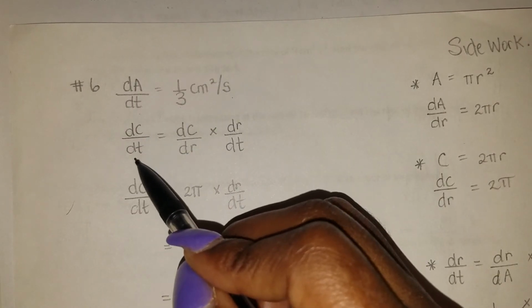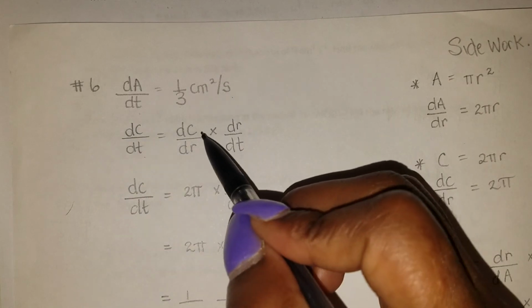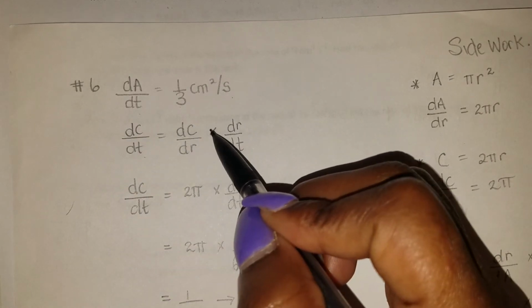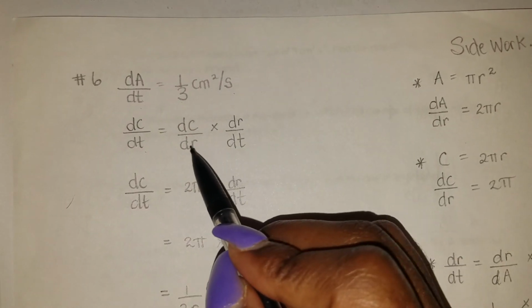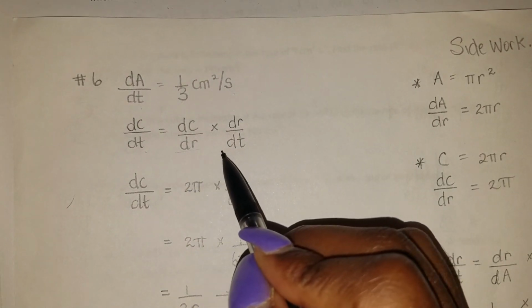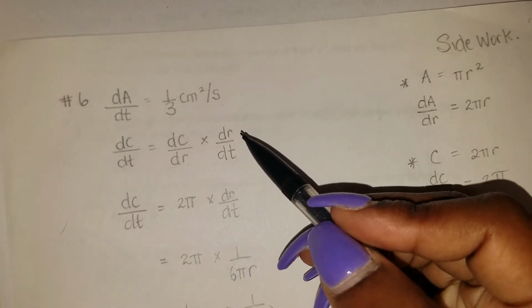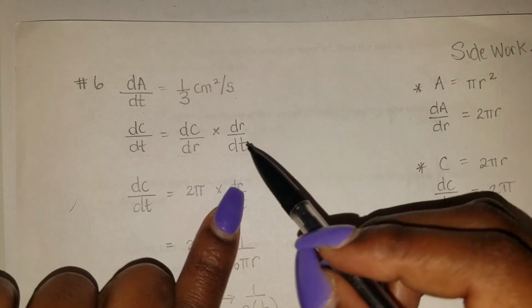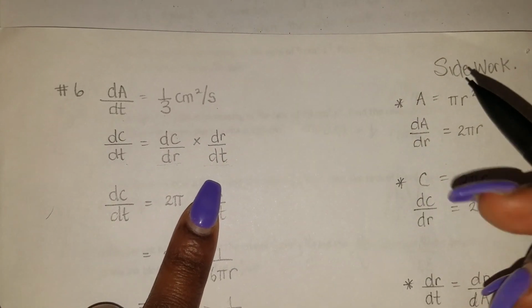We need to find the dC/dt. Now, the formula to do that is going to be the dC/dr multiplied by the dr/dt. But if you look, we don't have either of these variables. So, we're going to need our dC/dr and dr/dt to get multiplied.